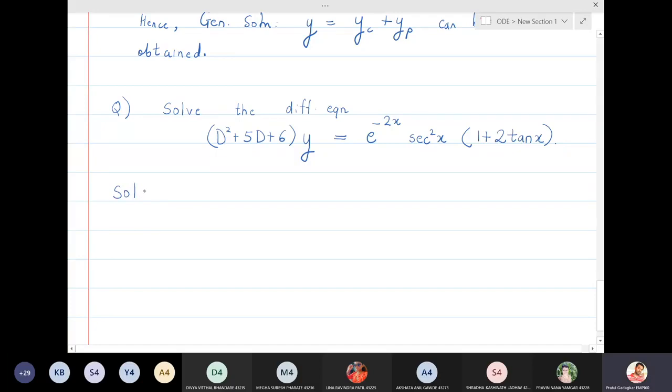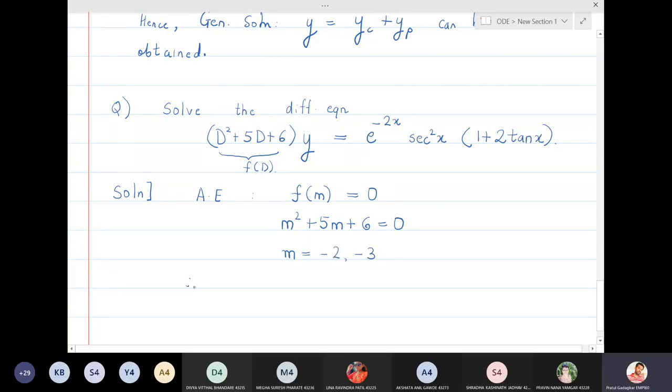Solution. So we will first look at the auxiliary equation. The auxiliary equation is f(m) equal to 0, which means m square plus 5m plus 6, so m is minus 2 and minus 3.